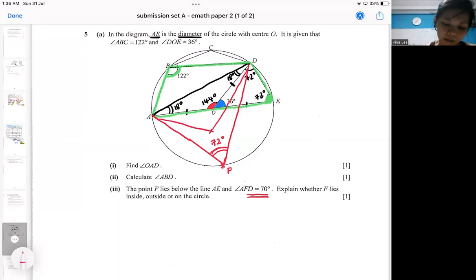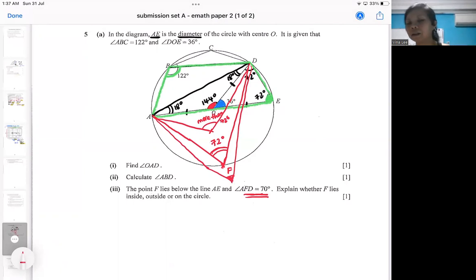If it's inside, it looks like it will be more than 72. So that doesn't match this idea. So the only way will be F should be outside the circle. When it is outside the circle, then it can go lower than 72.